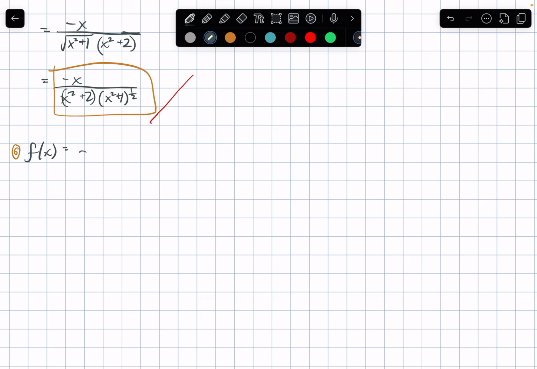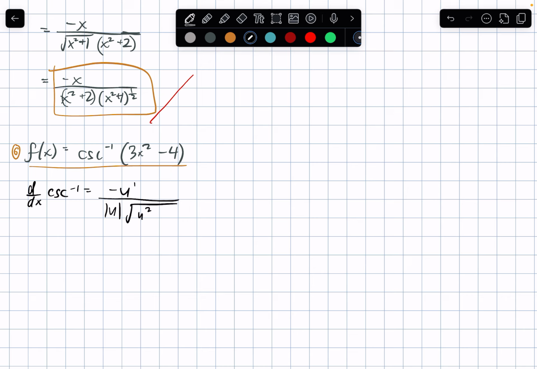So f of x is equal to arc cosecant of 3x squared minus 4. Okay, we just talked about this. d over dx of arc cosecant is equal to negative u prime over the absolute value of u times the square root of u squared minus 1.